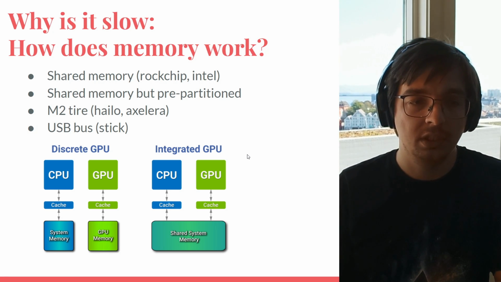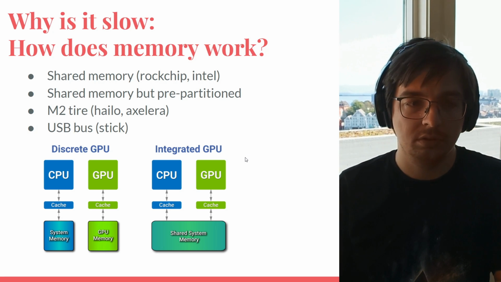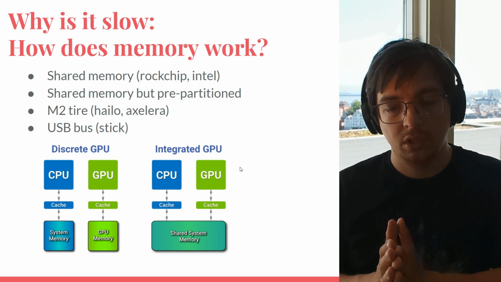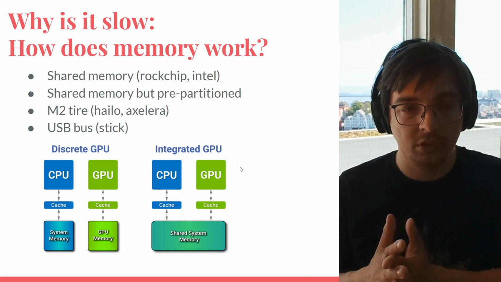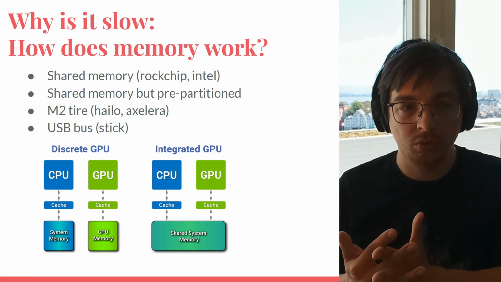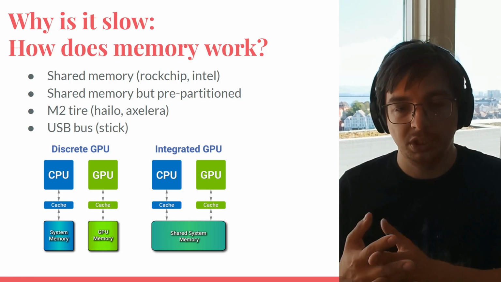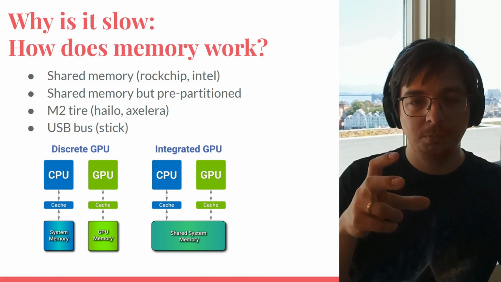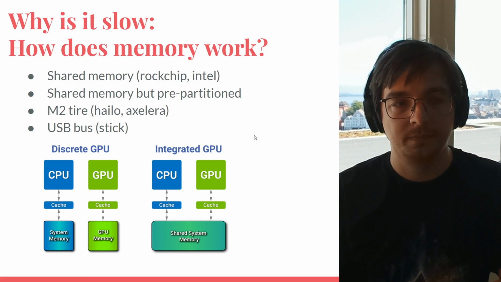For example, an M2 bus can make your connection super slow, especially for a small model, and a USB bus can make it pretty slow. But of course, the best approach is to have shared low level memory between your CPU and NPU models.